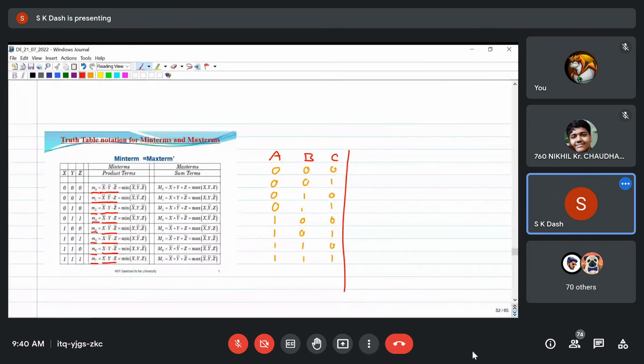Similarly, suppose the function is given as f is equal to pi of M 0, 3, 5, 7. Then what will happen to the output? Can you tell?